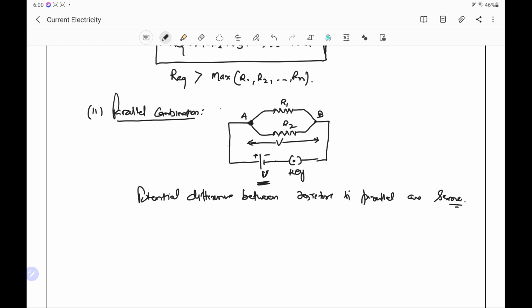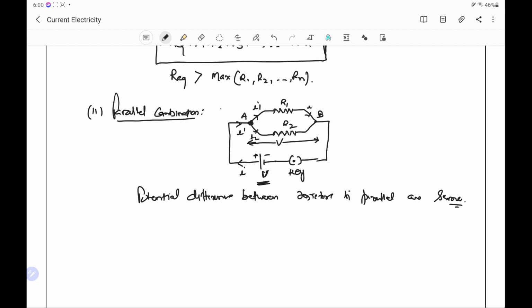Therefore, if a current is drawn from the battery V and this current reaches terminal A, from terminal A there are two branches. Suppose the current is I1 in the first branch, which passes through resistance R1, and another current I2 passes through R2.